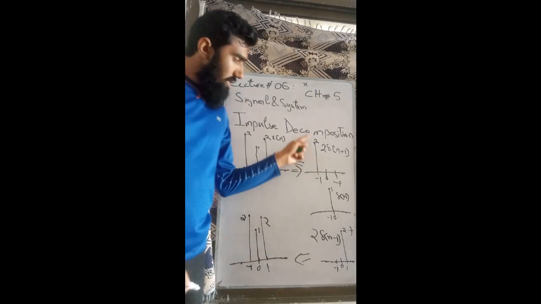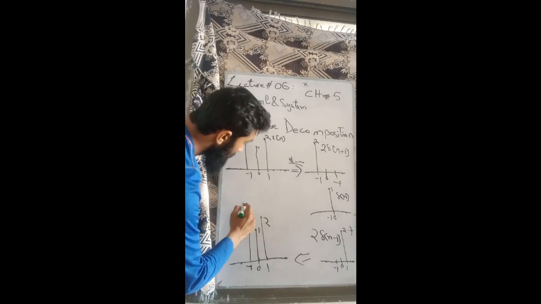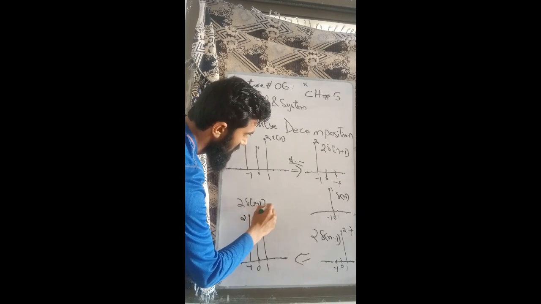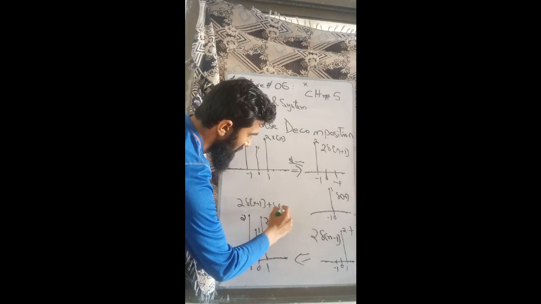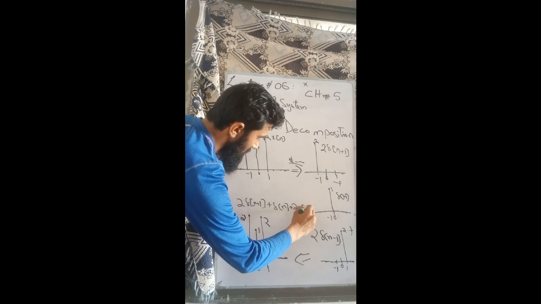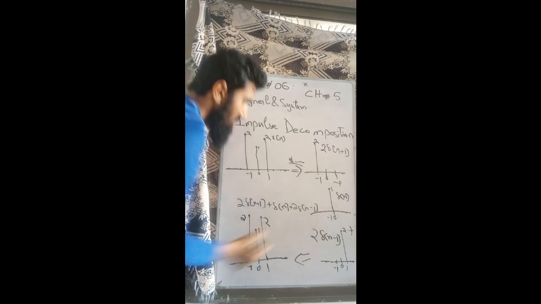So by summing these signals, we get 2 into delta of n plus 1, plus delta of n, plus 2 into delta of n minus 1.